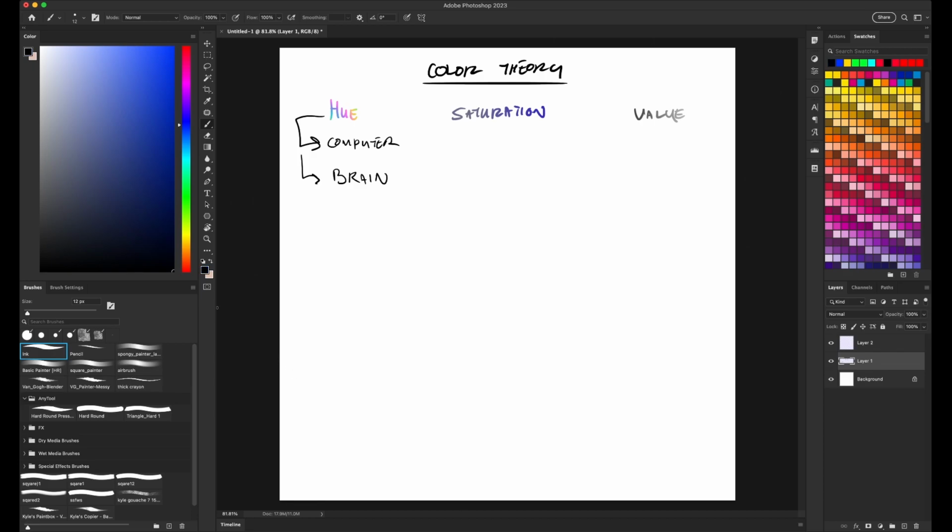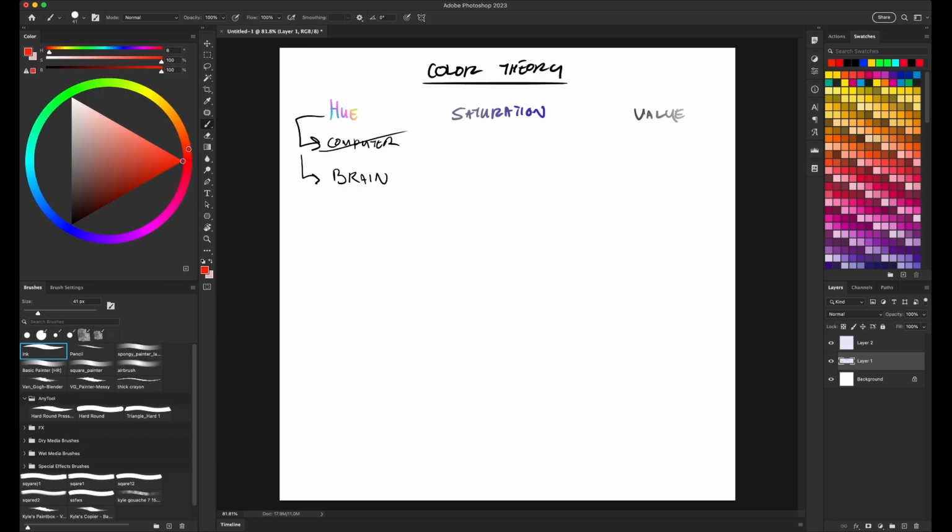So let's not think about hue in the way that the computer handles it. As technical and cool as that seems, it's not a good way of thinking about it in terms of art. Let's think about hue in the way that our brains handle it, which is through color families. All of these hues right here are in some respect red. This is red, and this is red, and also this is red, and this is red, and this is red.